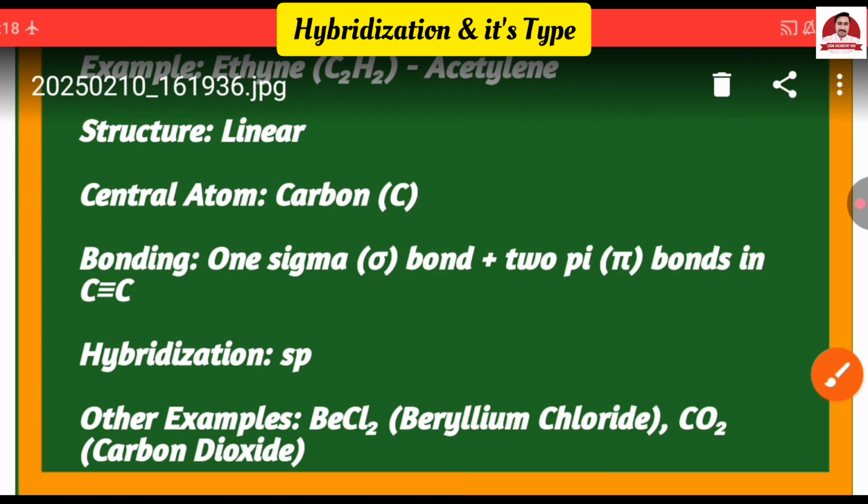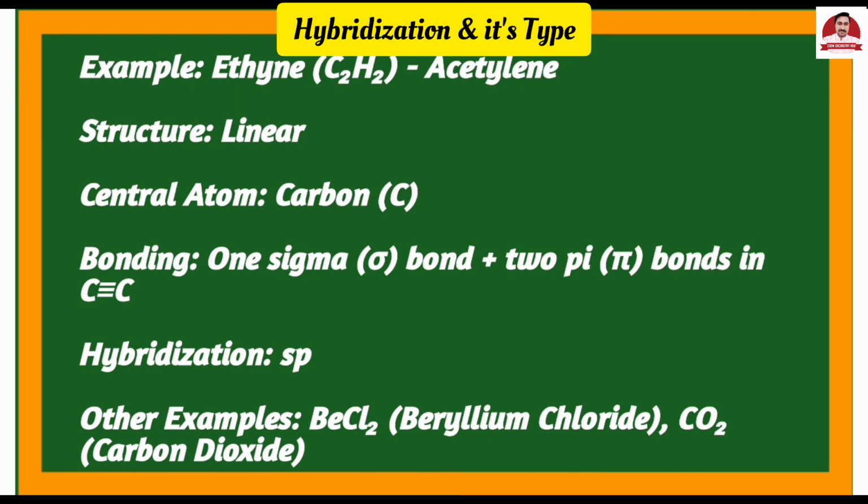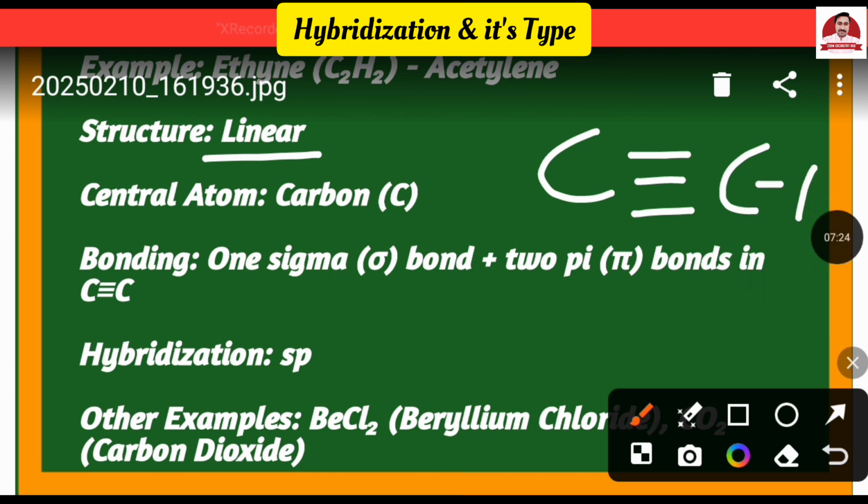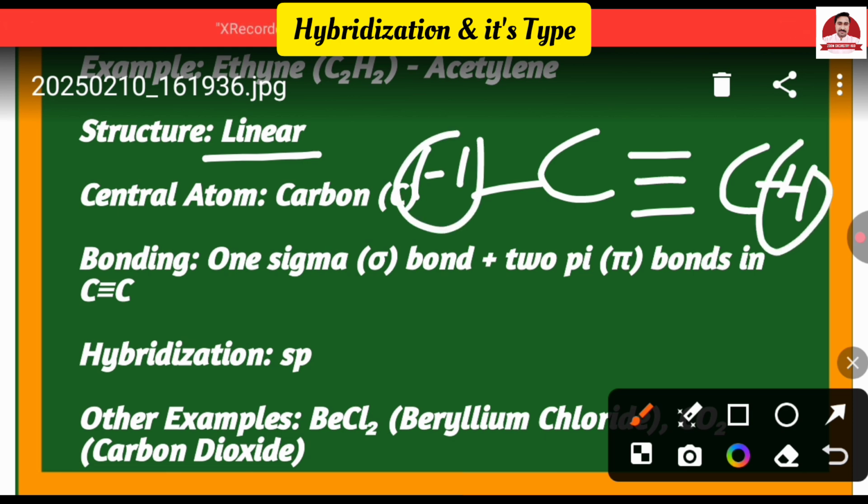And when we take the example of sp hybridization in the acetylene molecule, the structure is linear. On both sides of the carbon atom, one hydrogen atom is present, and in this molecule you can see that there is a triple bond.